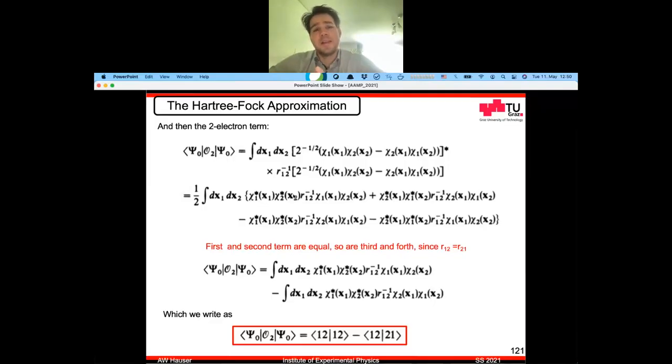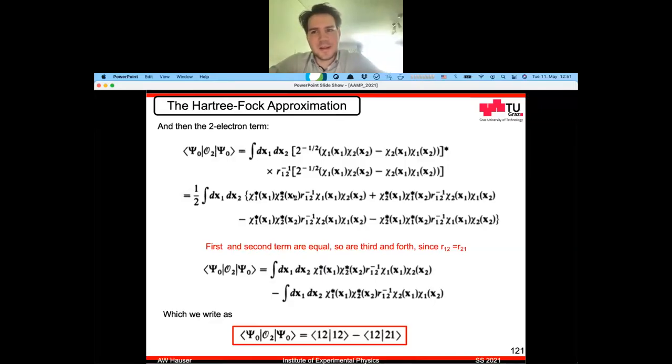So this would be a simple Coulomb interaction of two continuous charge distributions in space, because each of these squared wave functions would be something like the electron density distribution for an electron in this orbital. Remember, psi squared gives us the probability.